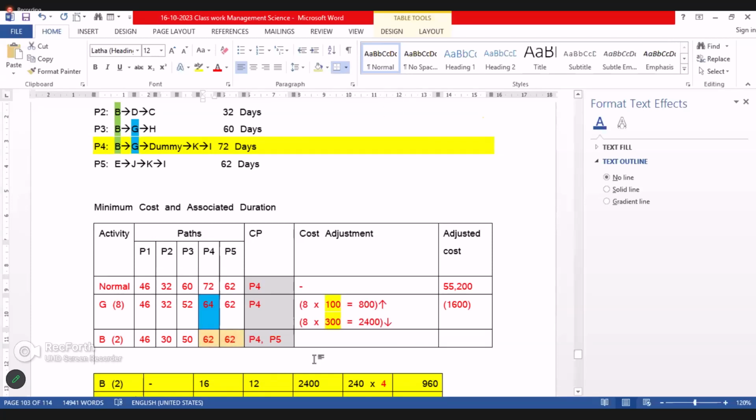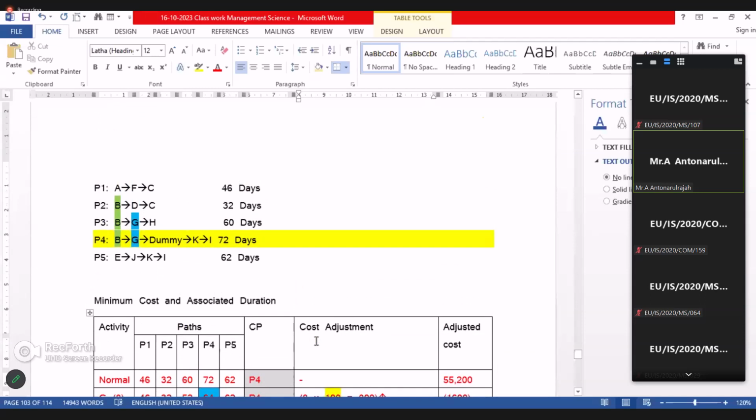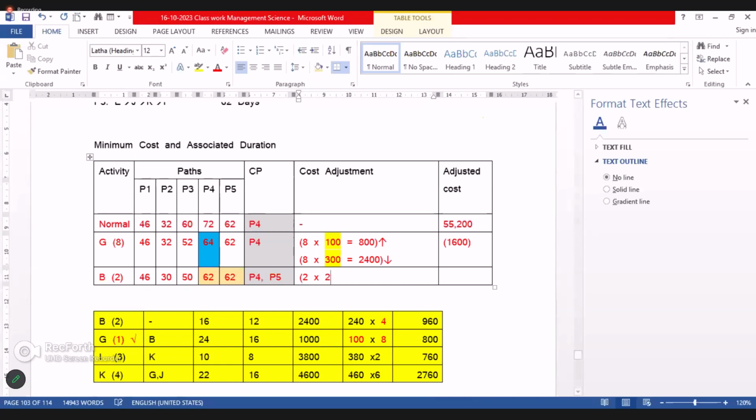Now what is the adjustment in the cost? Cost will increase by how much? 2 into this cost slope for B, 2 into 240, that is equal to 480. Cost will increase by 480.